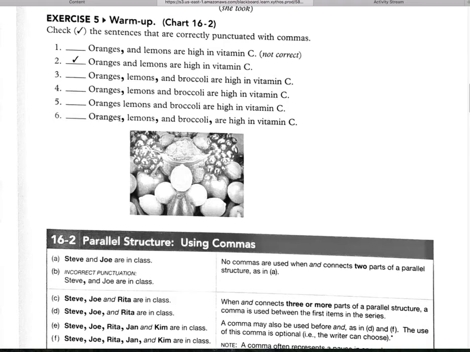Because you have oranges, that's a noun, comma. Lemons, that's a noun, comma. And broccoli, you should not have a comma after the last noun. It should come before the conjunction, but not after. So here, only number 2, 3, and 4 are correct. Not 1, not 5, not 6.